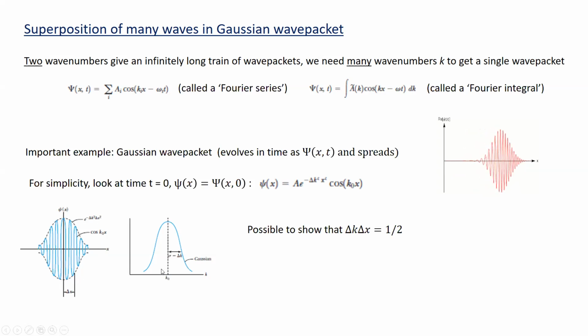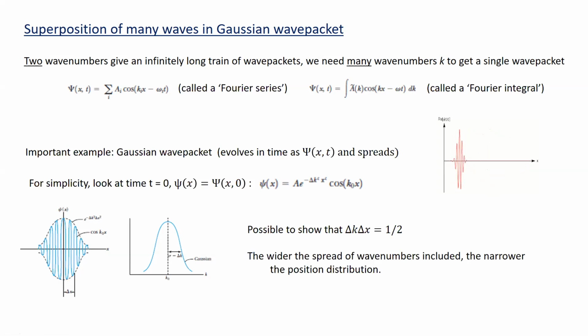And vice versa, if we make a wider delta k, then we would get a tighter distribution of delta x. Okay, so the wider the spread of wave numbers included, delta k, the narrower the position distribution. Okay, and this is going to be a key to the Heisenberg uncertainty principle.